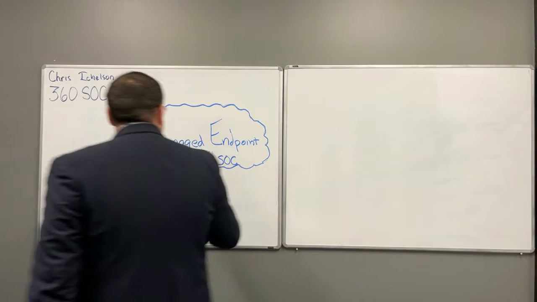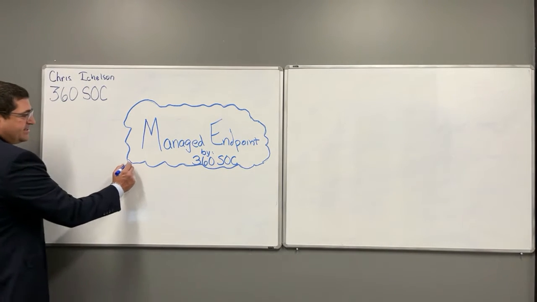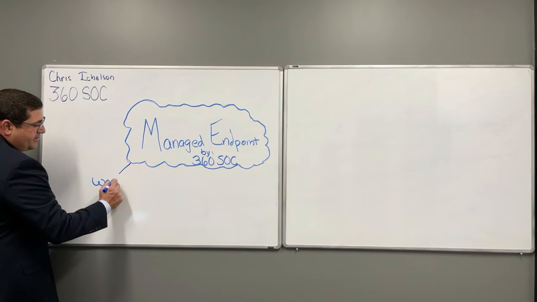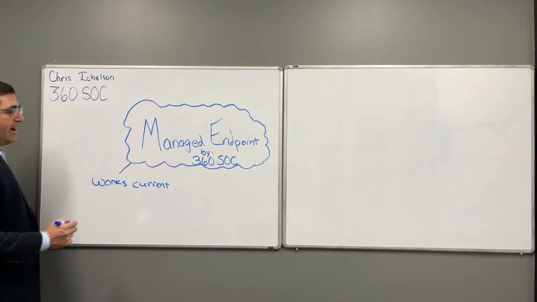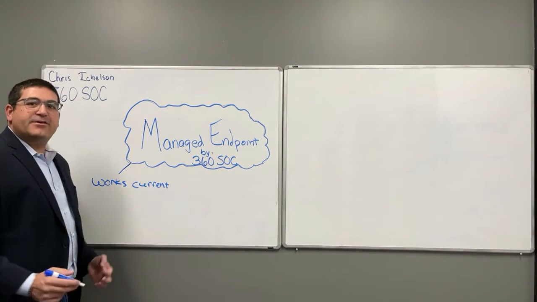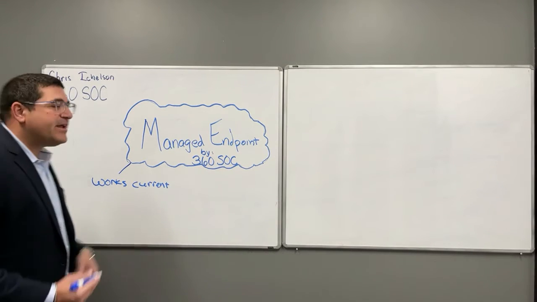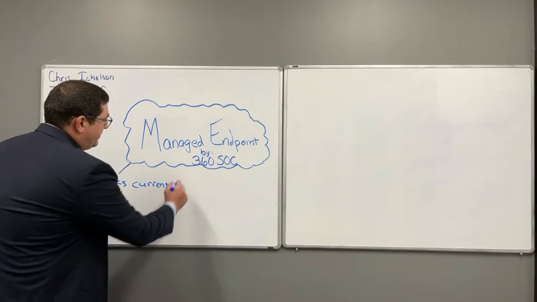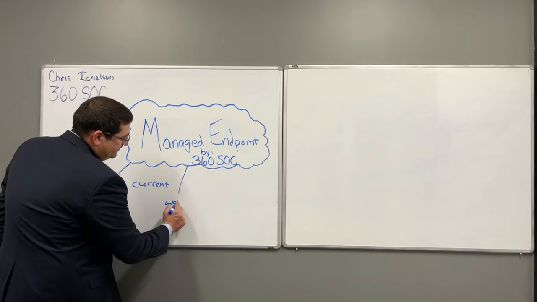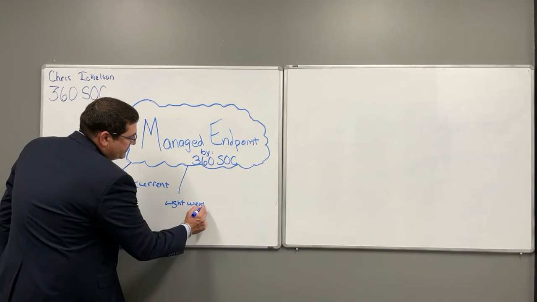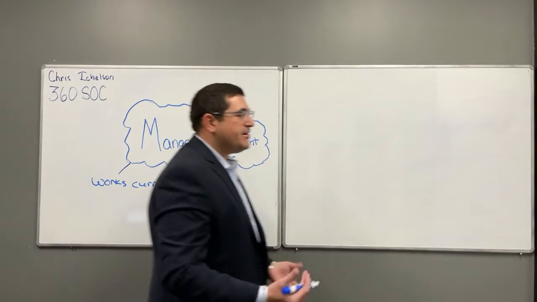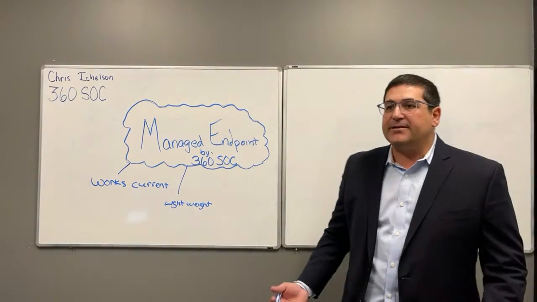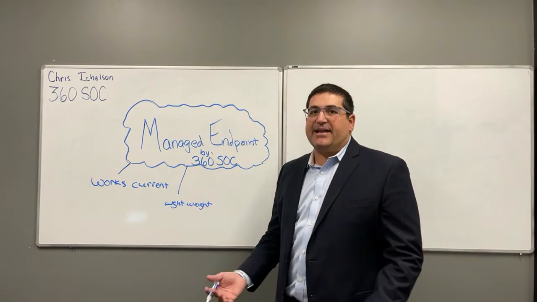So Managed Endpoint by 360 SOC. The nice thing about it is it works with your current EDR. That's always a great thing. Something that layers on top, brings more value to the table. It's lightweight. That's important. Some of the biggest struggles I hear out in the field when people are starting to talk about adding more to the endpoint is, what kind of resources is that going to suck?